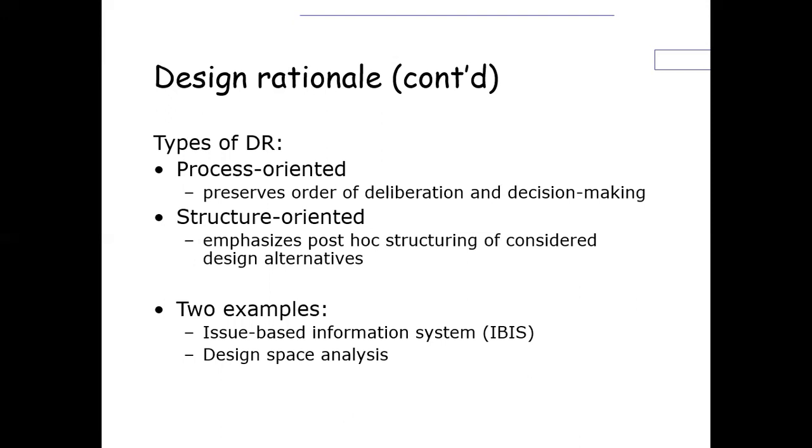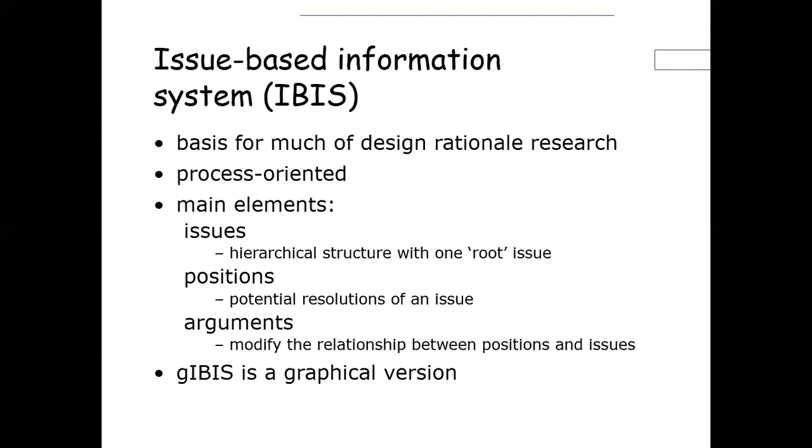We'll see what is process-oriented design rationale. The process-oriented design rationale preserves the order of deliberation and decision-making. And the structure-oriented design rationale emphasizes post hoc structuring of considered design alternatives.